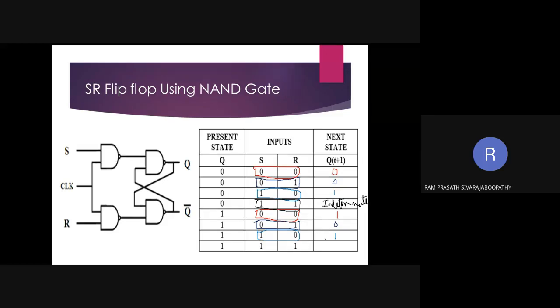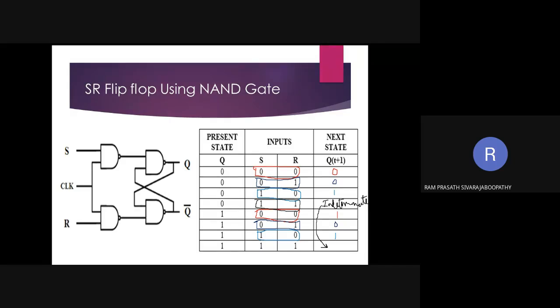So here also the same condition. So this is the truth table or the characteristic table we have to verify for this circuit. So take a snapshot of the circuit. Kindly take a screenshot of this circuit. Take a screenshot of the table also. We will verify it.